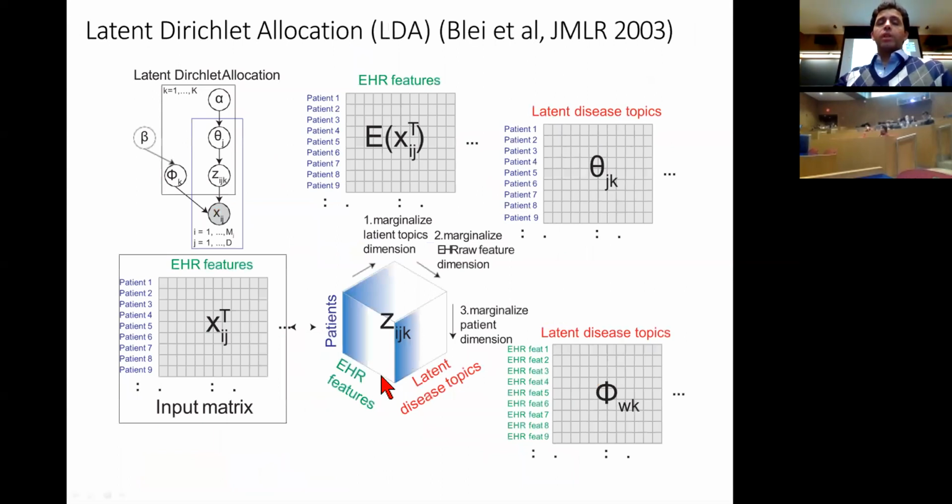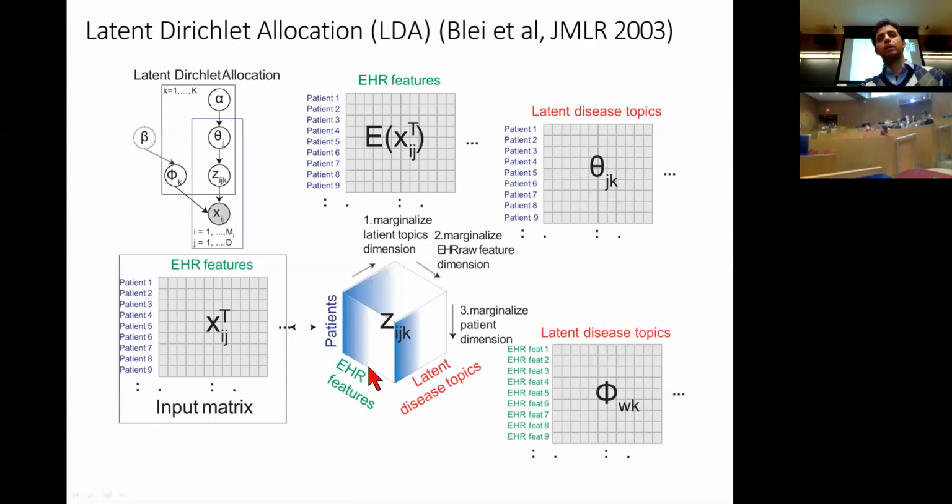So the idea here is that we can move in any one of these dimensions of these multidimensional objects. On one hand, you can look at the similarity of different EHR features and then the underlying latent disease topics. So these are the meta-phenotypes, which we can learn from multiple combinations of electronic health records, and also the patient dimensionality here.